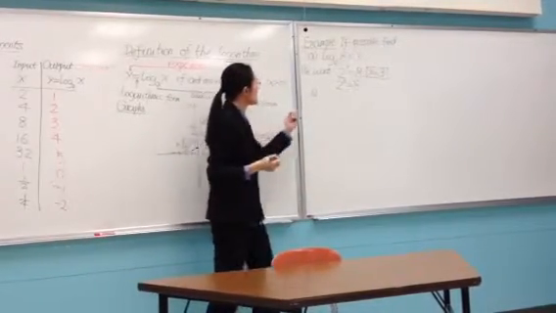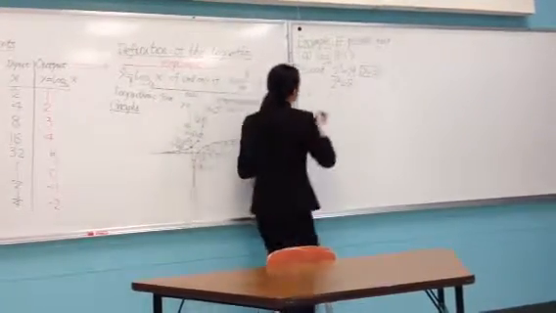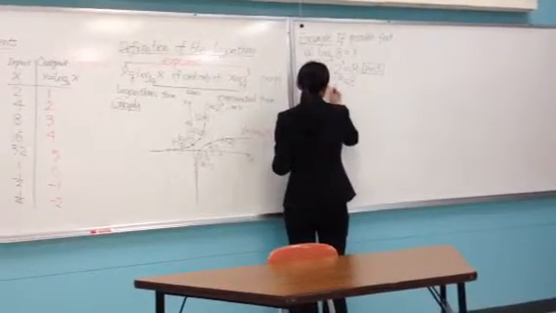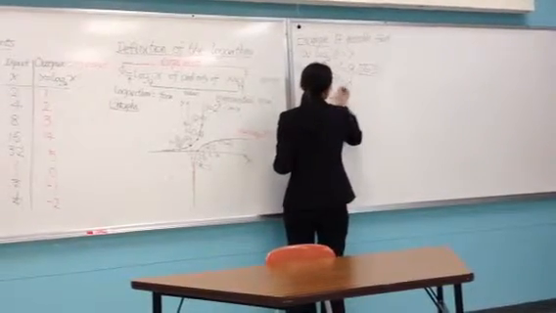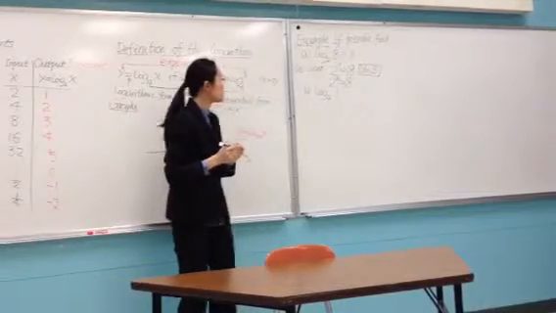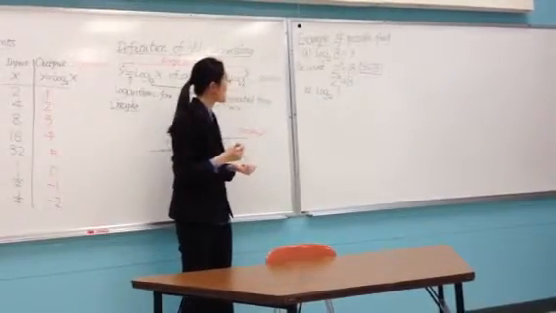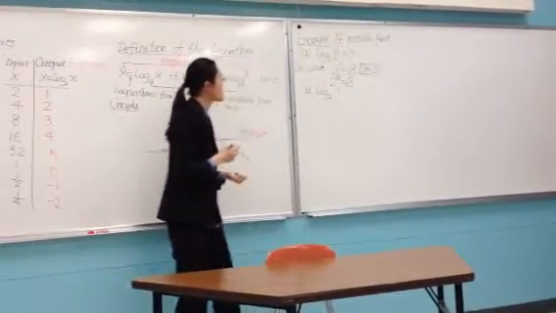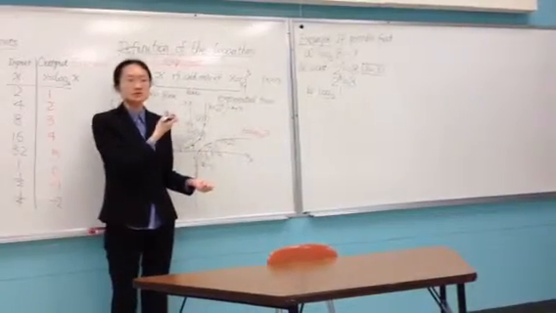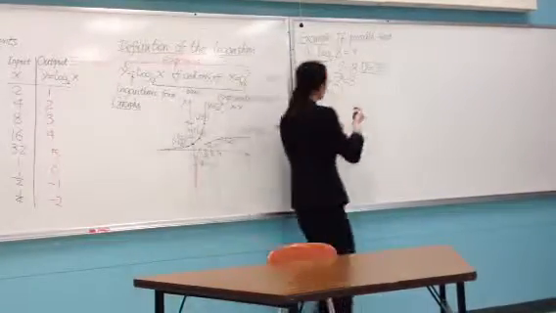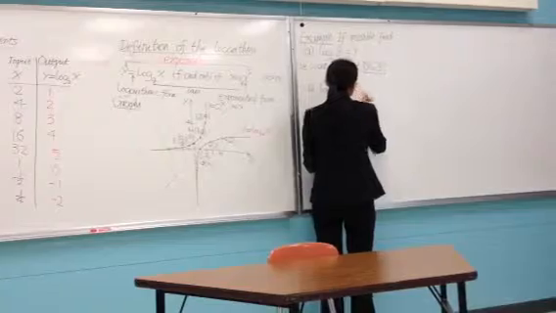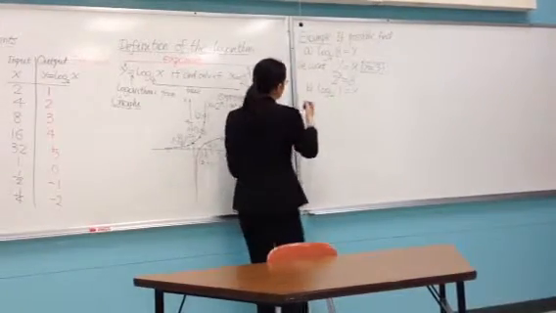Now let's try another one. How about logarithm base 2 of 1? Okay, let's think about it. We can approach this one similarly. Suppose the number we're looking for is y.